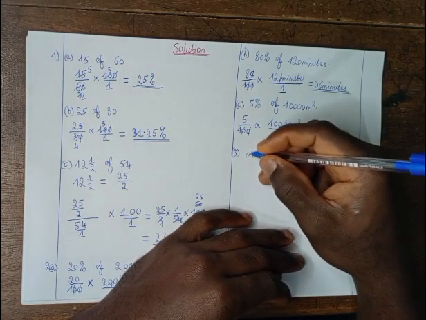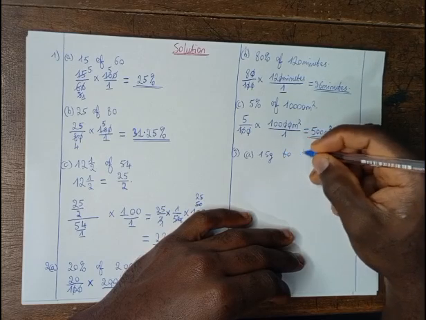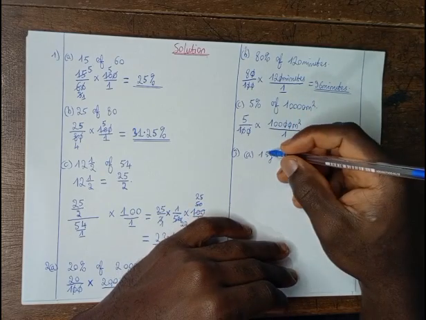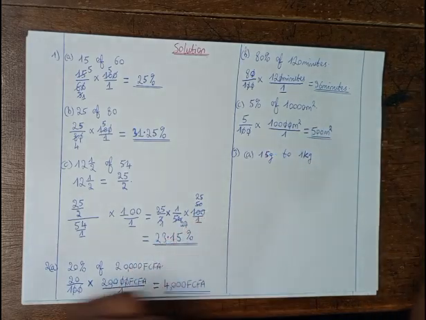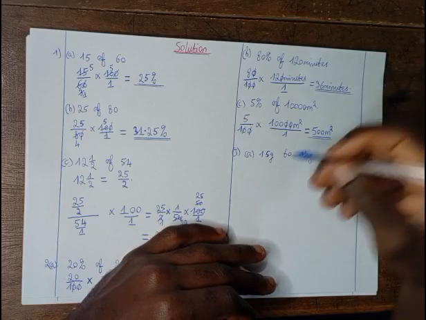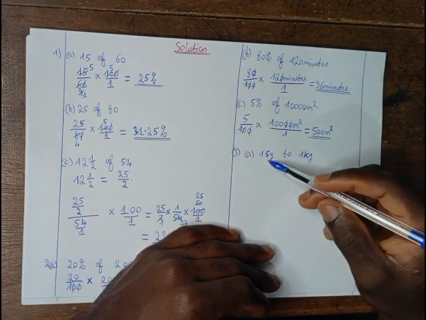For A, we have 15 grams to 1 kilogram. For us to easily get this ratio in the simplest form, we need to change these kilograms to grams.